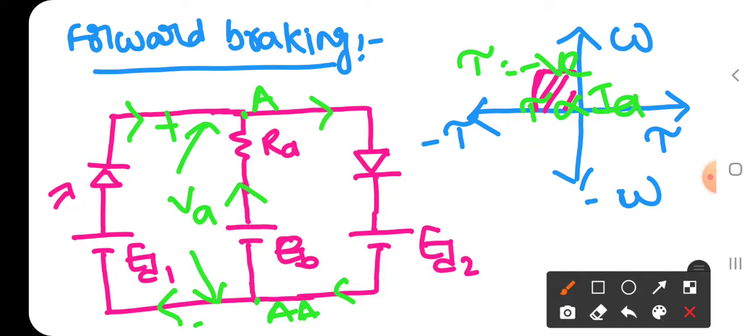But the motor is rotating in clockwise direction.